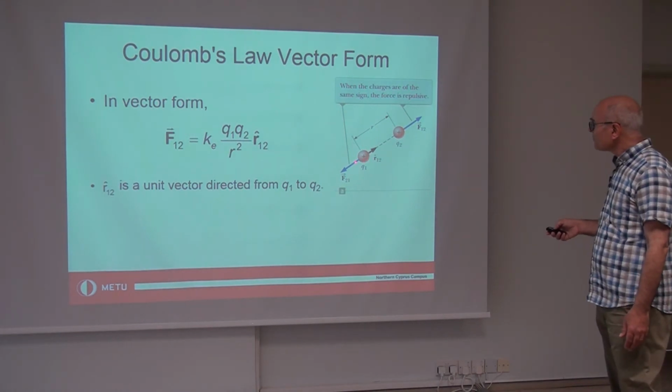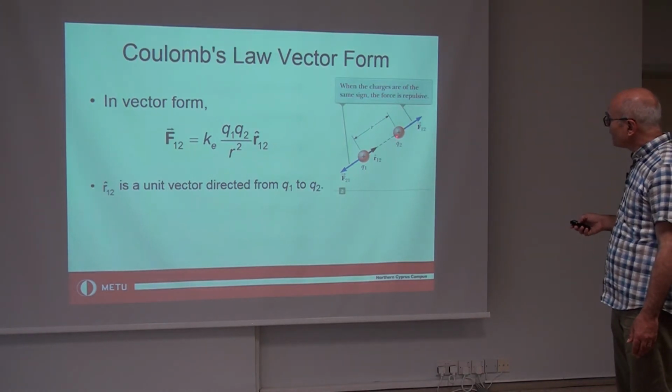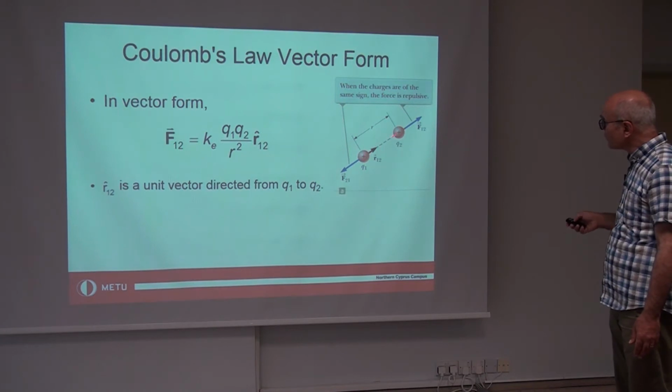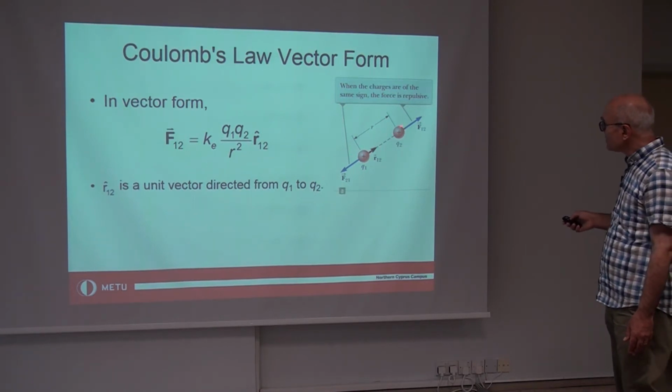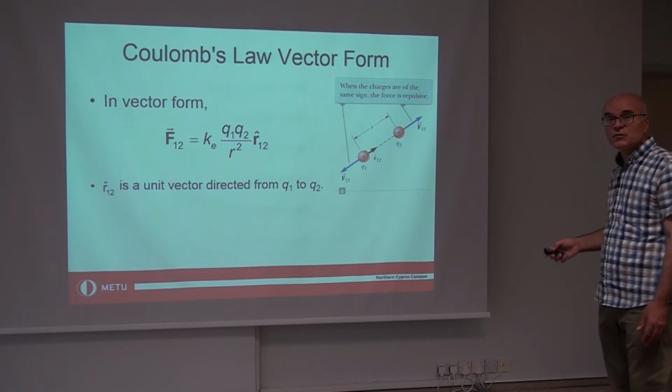So F12 is directed from 1 to 2, F21 is directed from 2 to 1, along r, the separation between these two. So this is F12, the force by 1 on 2. This is F21, the force by 2 on 1.